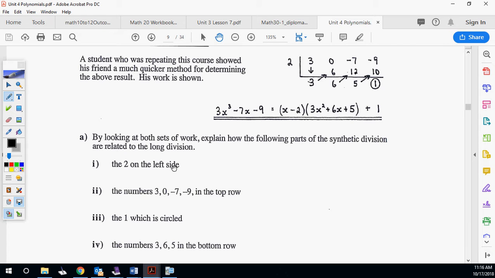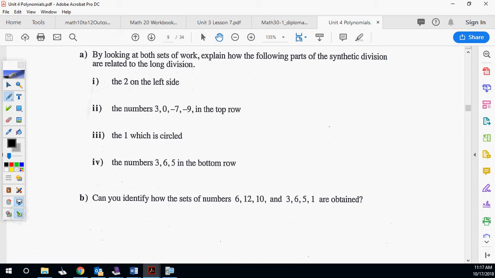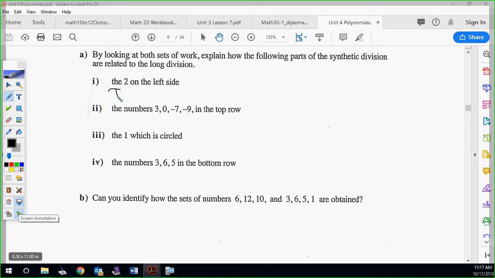So he was showing him how to do synthetic division instead of having to do the thing where you factor it all the way out. The 1 counts for the remainder. So the 2 on the left side is representing the value of the variable which makes the divisor 0.